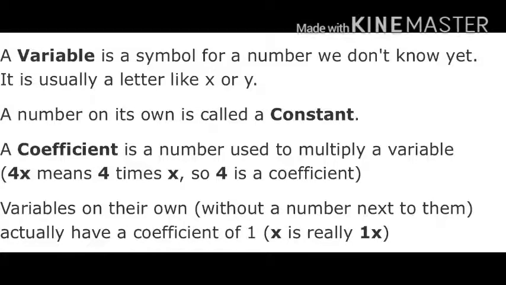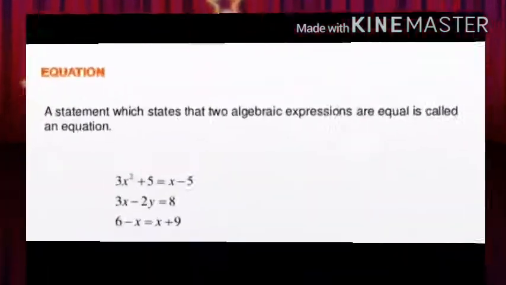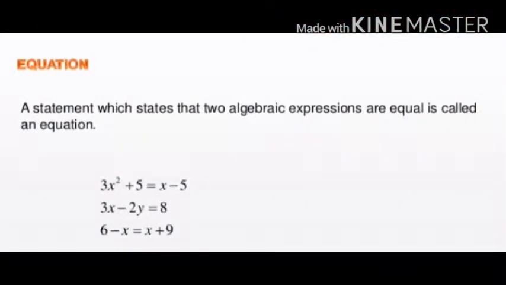It is usually a letter like x or y or any alphabet in small letter. A number on its own is called a constant. A coefficient is a number used to multiply a variable, like 4x means 4 times x, so 4 is a coefficient. Variables on their own without a number next to them actually have a coefficient of 1. x is really 1x.